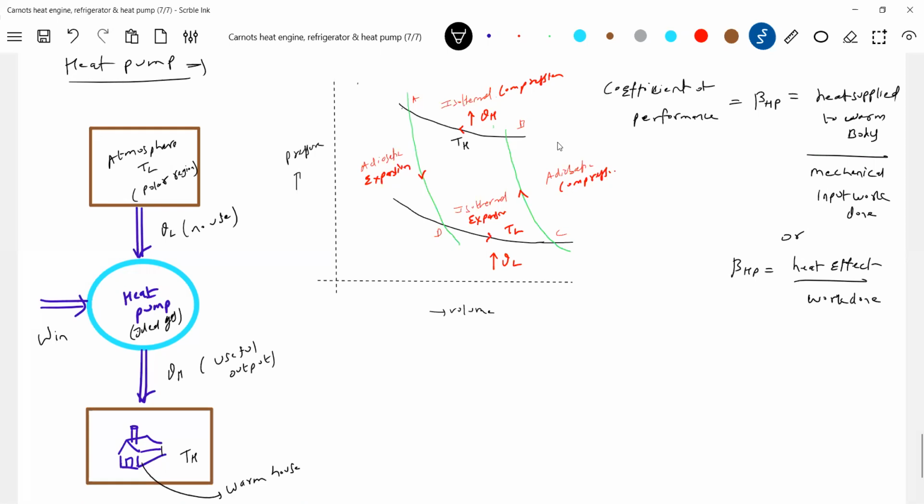In terms of symbols, this should be equal to QH by W in.